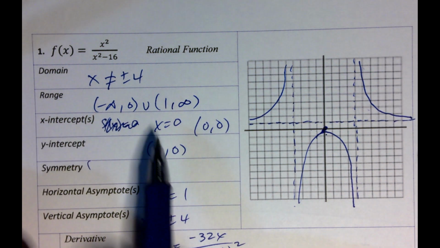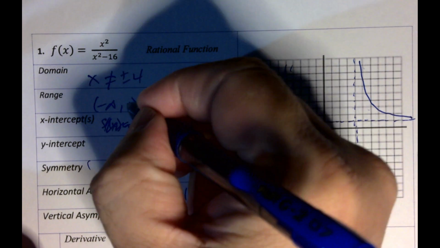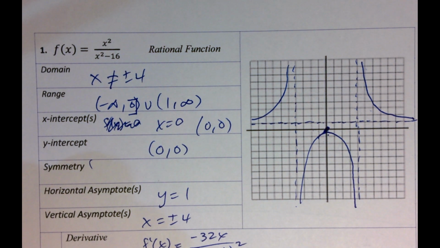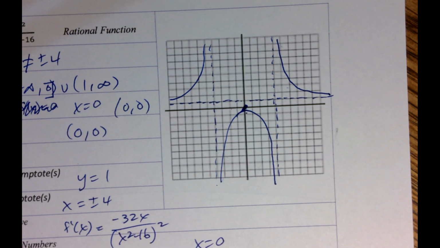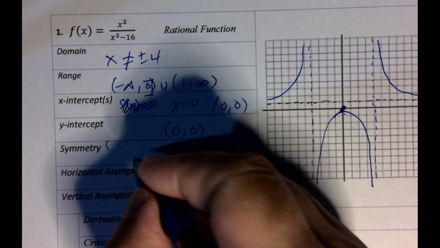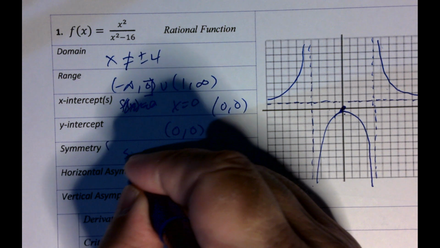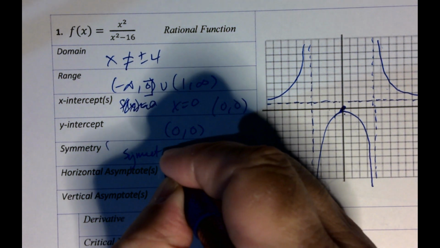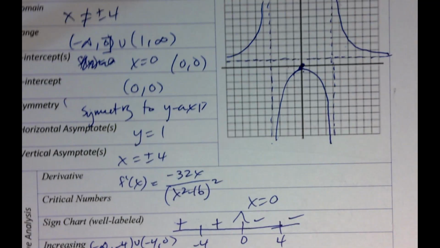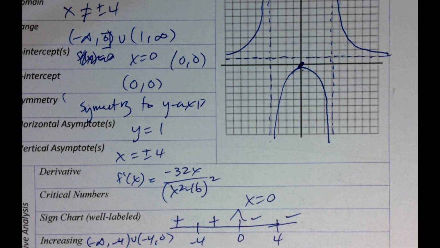And notice I'm not including 1. I guess I do include the 0. All right. Ooh, so that's an error I made in class. All right. So that's the graph, and that's all my things. It is symmetrical to the y-axis, right? Symmetry to the y-axis, if you're interested. All right, that's it. That is example 1.